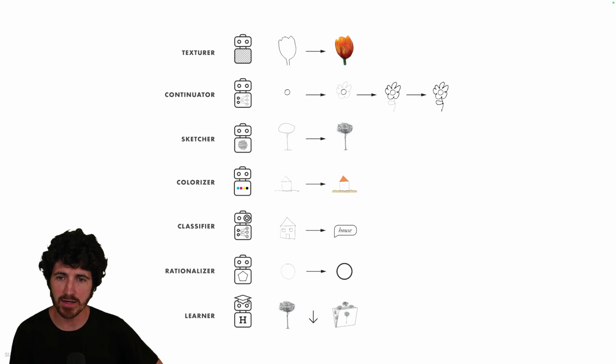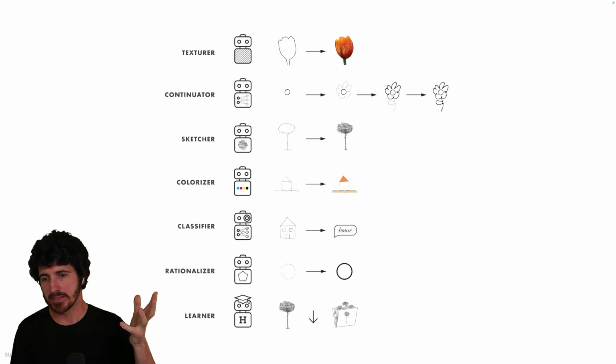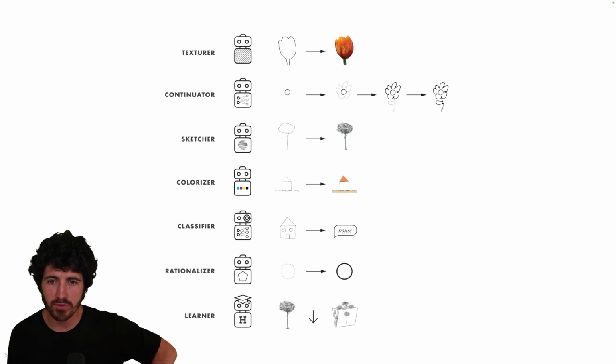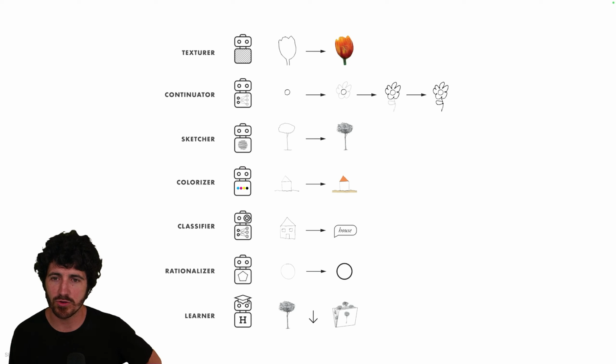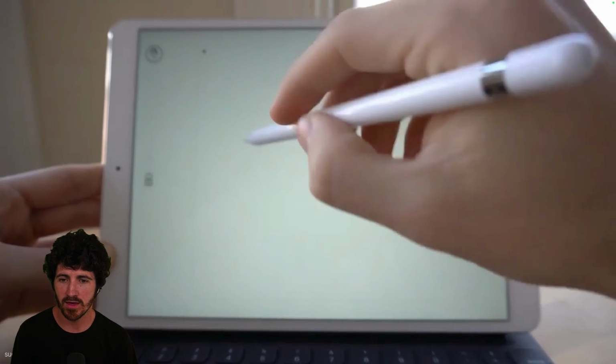I ideated a few different bot actions. I got to implement the first 3 on the top, like texture, continuator, and sketcher, that could be combined into metabots. I think this is still what some companies are trying to do, and I'm trying to do on the side to see if we can get some of these things implemented.